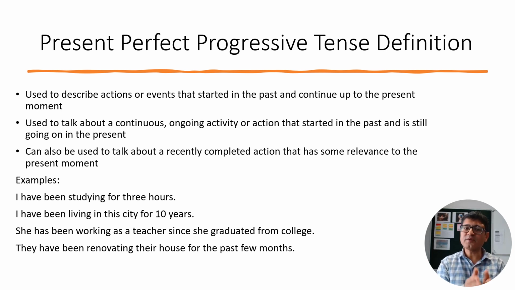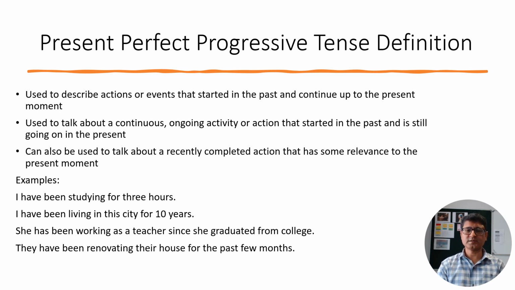So you can see the emphasis is continuity of that action or activity or event. But it can also talk about a recently completed action that has some relevance to the present. So the action is complete but is connected to the present.